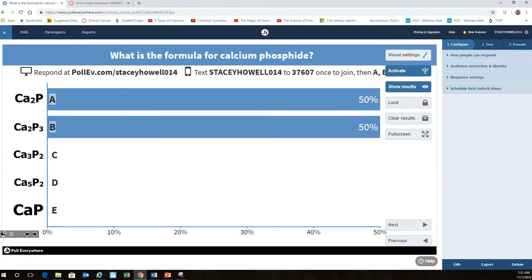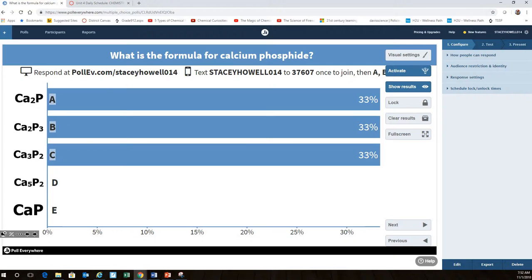So which one's right? You've got to figure it out. Look at the charges. Find the charges of what calcium is and what phosphorus is, because phosphorus would be phosphide. They've got to add to equal 0. So find a common factor they both go into. Now we're 33%.